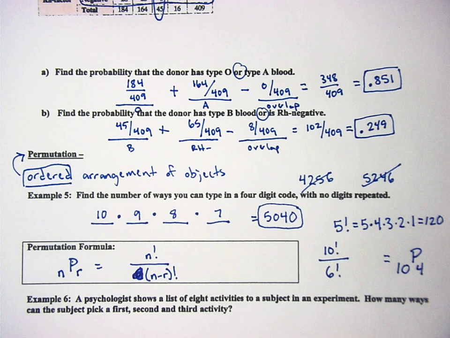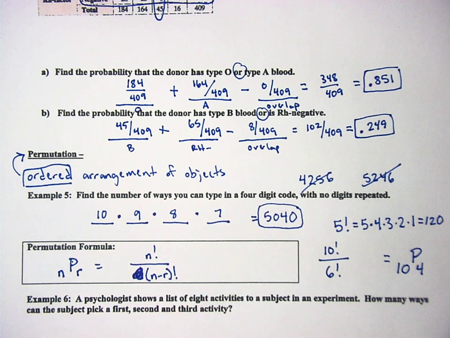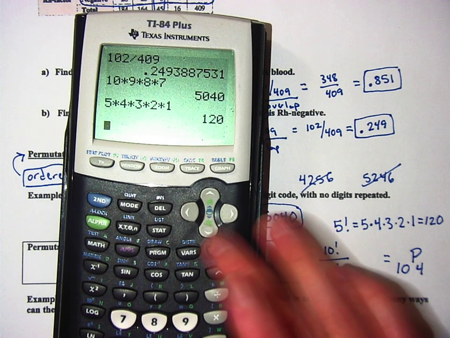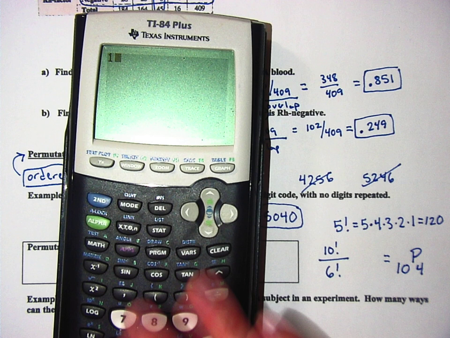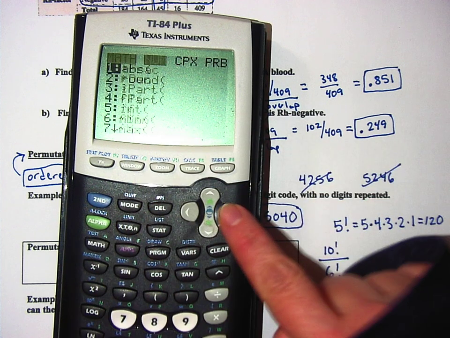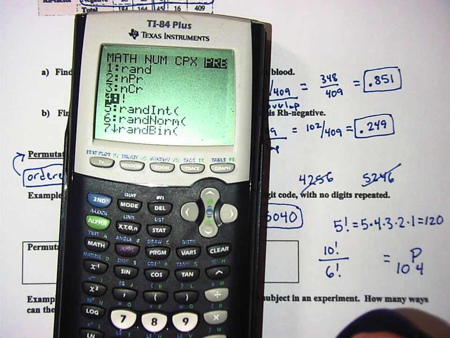So there are a few different ways you can do this. You can either multiply 10 times 9 times 8 times 7, which is easy in some cases, in other cases not so easy. Or you can do these factorial things. So if you hit 10 and then MATH over to PROB, you'll see that factorial is the 4th one down.